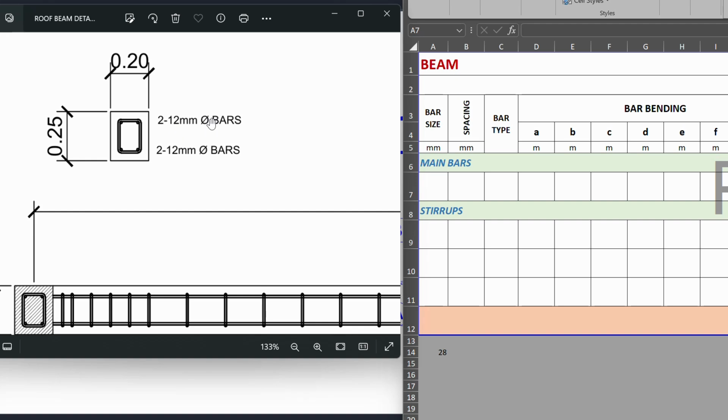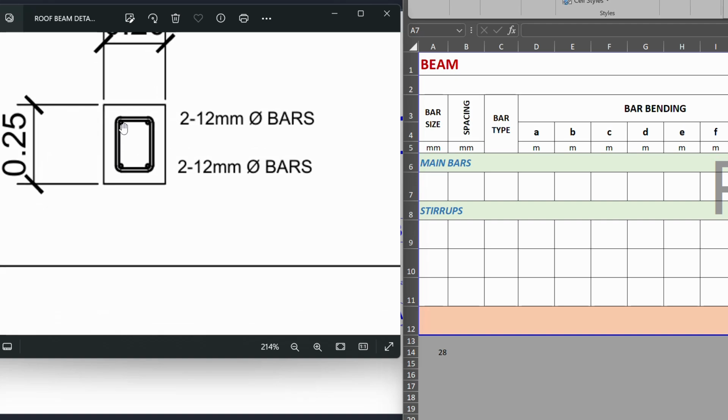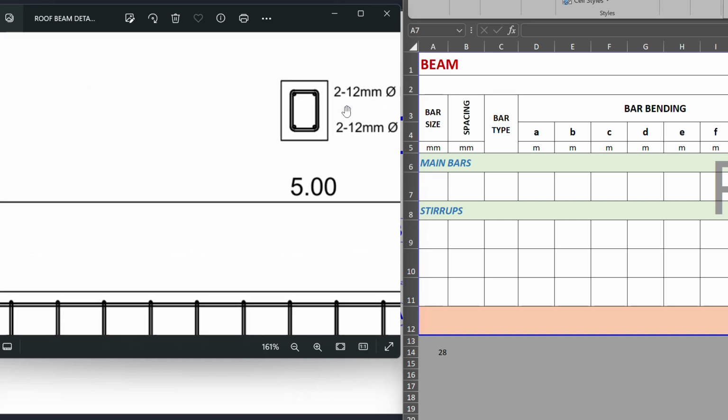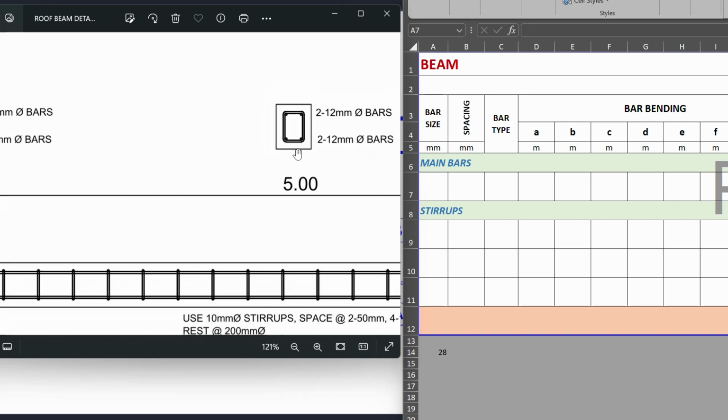This is the sign for diameter. So 2 means two 12 mm bars. You can see this is for the main bars, this 1 and this 2. And here at the bottom, these 2 bars. So they are just the same at mid-span here. Right? It's the same.